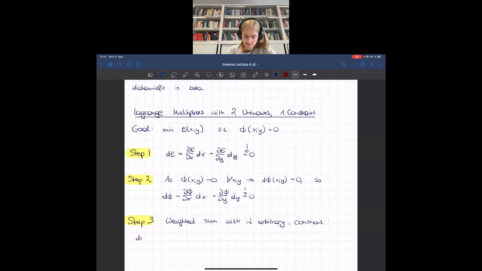So we add this lambda times phi. And this is then nothing else, if we do some rearranging here, than first everything that contains x, and then everything regarding y.